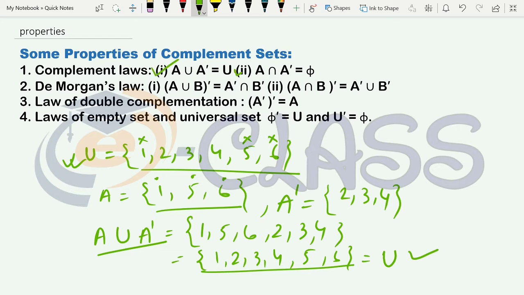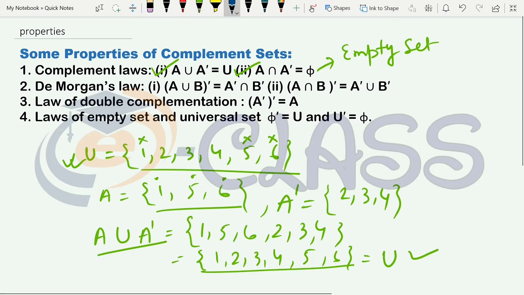Now the second property: A intersection A dash equals phi, where phi means the empty set. A intersection A dash does not contain any element, that is, there is no common element between A and A dash.